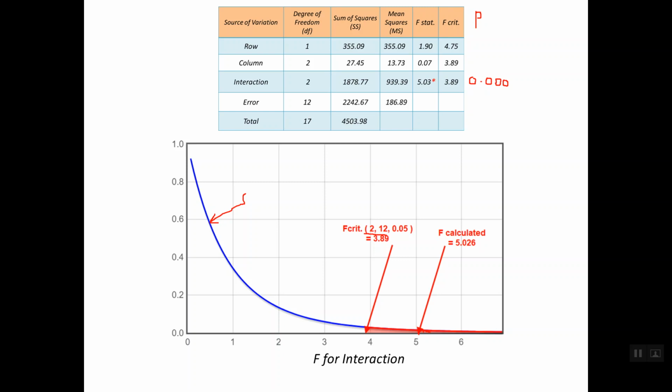And again, because the F calculated lies inside the rejection region of the null hypothesis, we reject the null hypothesis. So this is the conclusion for the interaction. We have a significance for the interaction between the two factors.